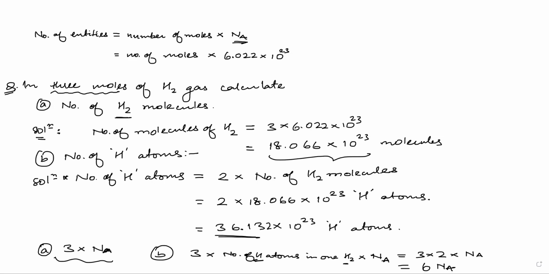So please copy this. We will do an exercise question from NCERT. But before that, we will do a simpler one. From H2, we will go to H2O. First copy this.